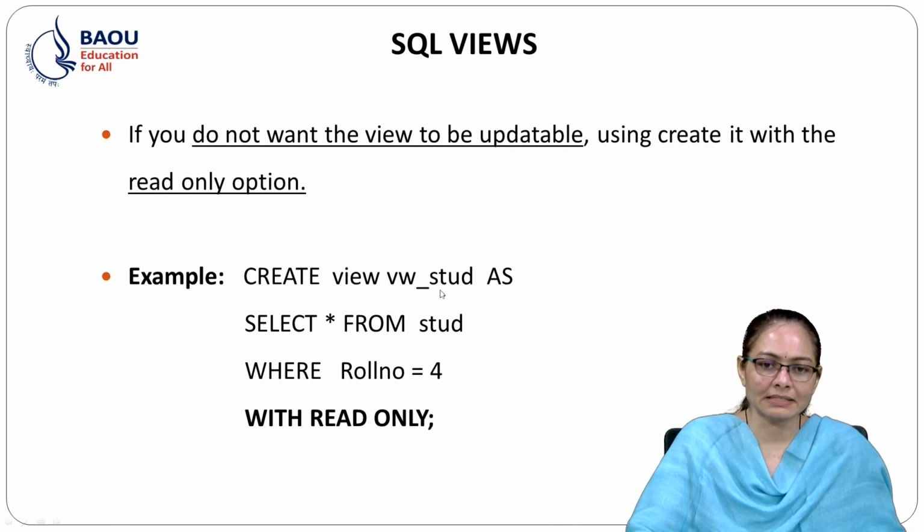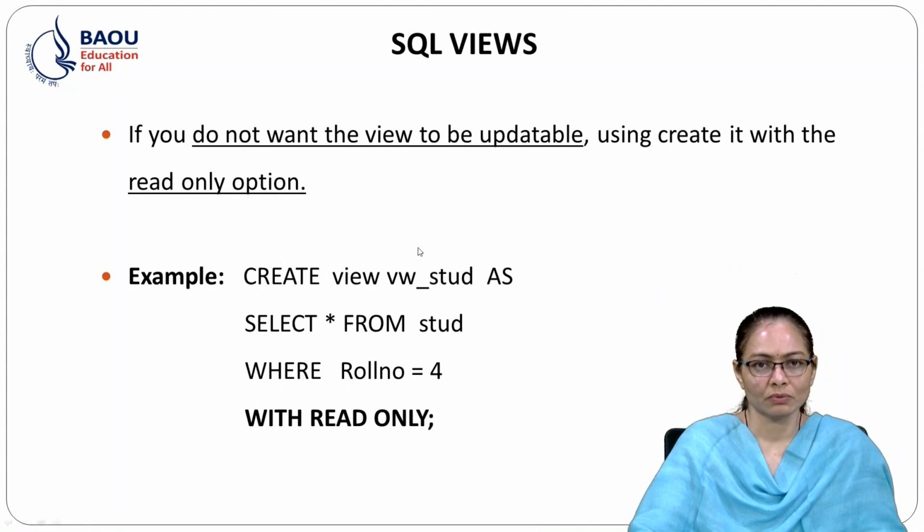This view contains which type of data? All the data whose roll number is 4. But with the read only option, we cannot change the records in this view. That's why it is created as a read only view.